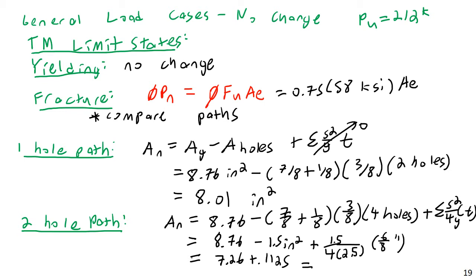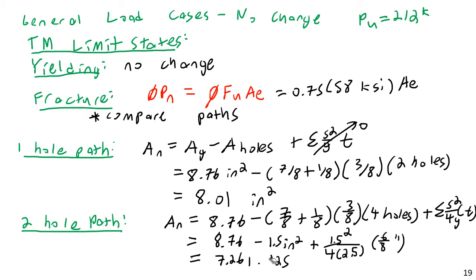1.5 squared, let me see if I got that right. 1.5 squared divided by 4 times 2.5 is 0.225 here. Oh, and then times 6 over 8. That wasn't coming out quite right. I knew something wasn't quite right. So this is a minus, not a plus. Oh wait, no, that should be plus here.